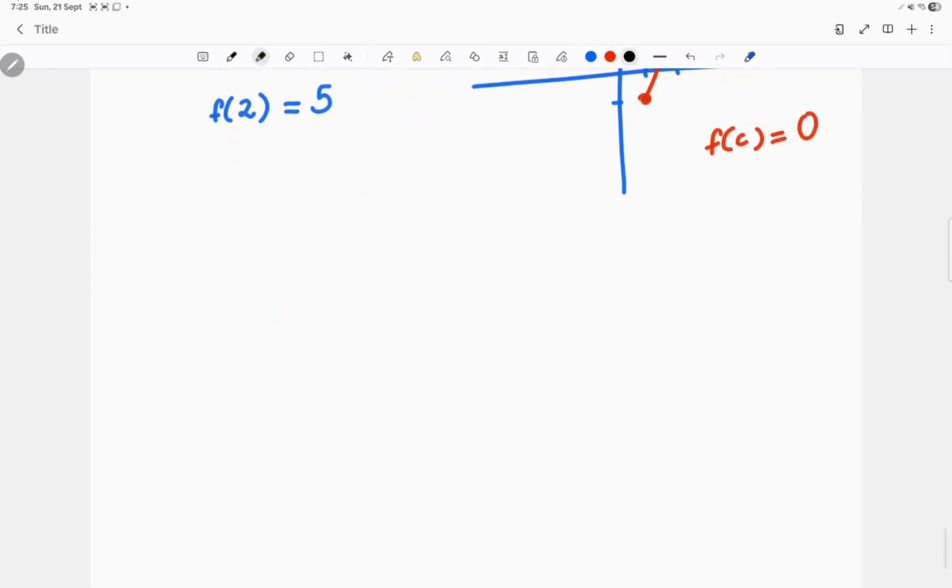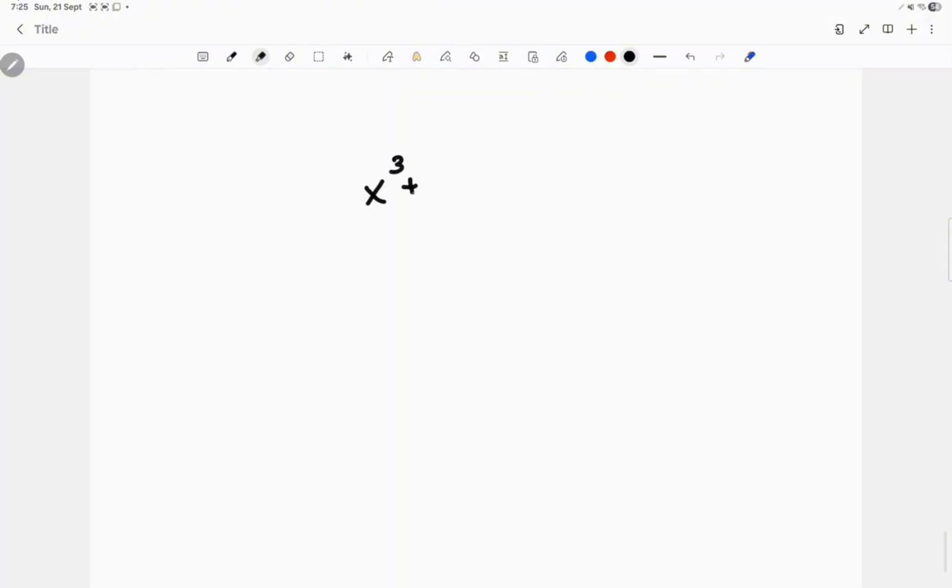Okay. So here, x cubed plus 3x minus 7. I want you guys to graph it using Desmos. And I want you to tell me f of C is equal to 0 at what C?